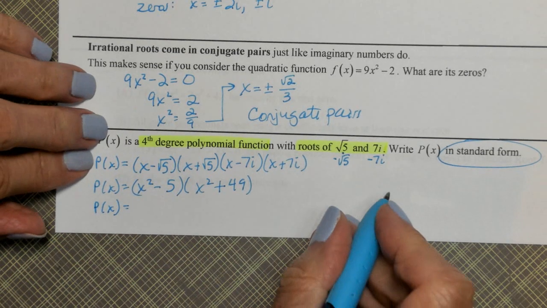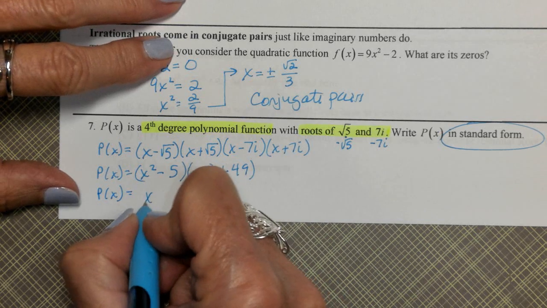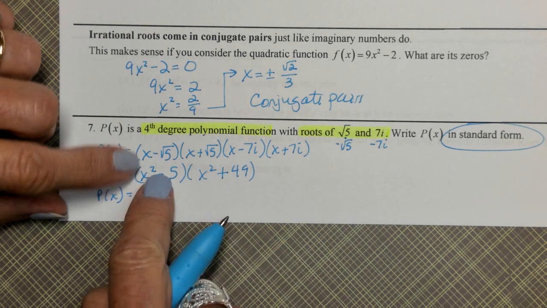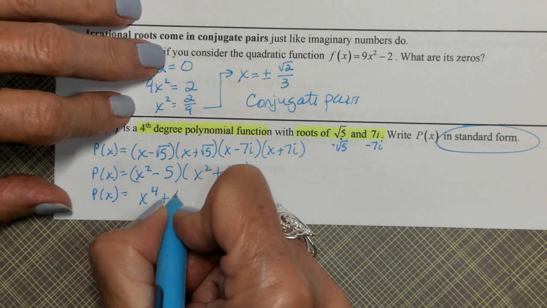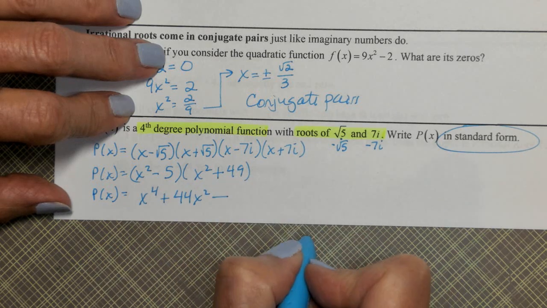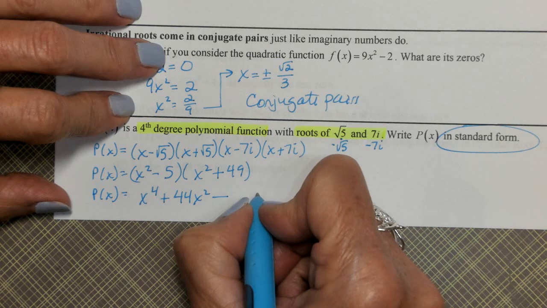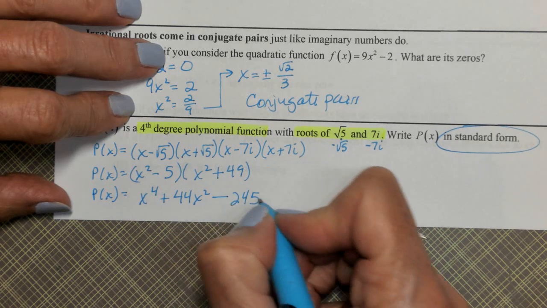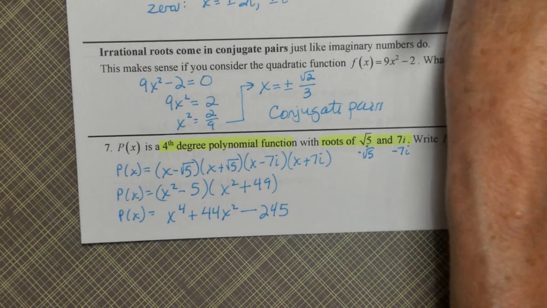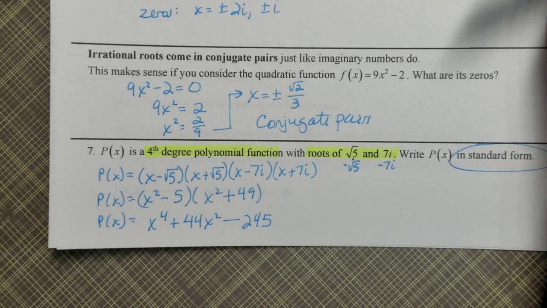And now we're going to FOIL again one more time, x to the 4th, plus 49x squared minus 5x squared, so plus 44x squared, minus 5 times 49, let's see, 45, 24, so 245. That's P of x. It has roots of square root of 5 and 7i.